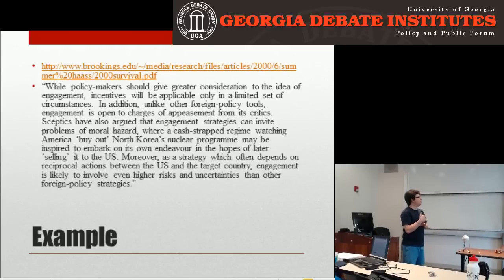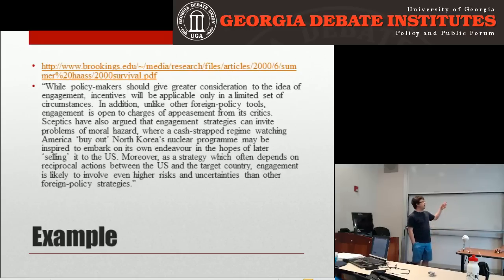Moreover, as a strategy which often depends on reciprocal actions between the U.S. and the target country, engagement is likely to involve even higher risk and uncertainty than other foreign policy strategies. So this highlights what the net benefits will be for the engagement versus containment counterplan.